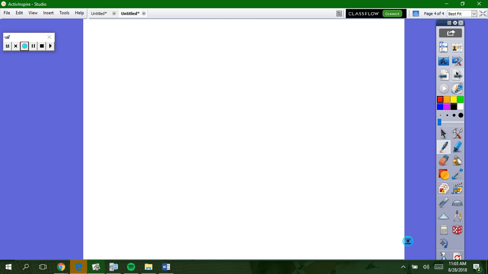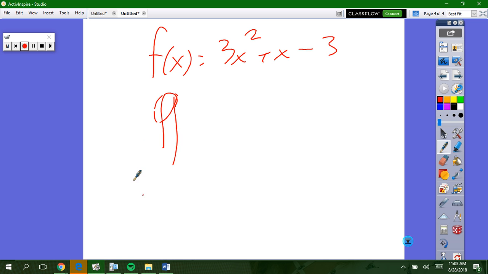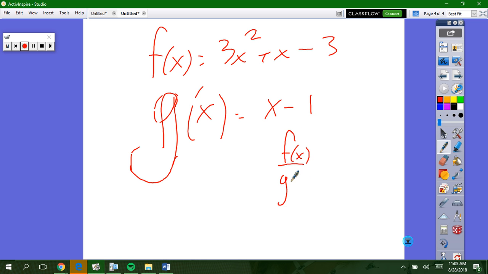Okay. So if I have f of x equals 3x squared plus x minus 3, and g of x equals x minus 1, how do I find f of x divided by g of x? You guys ready for this hard stuff?